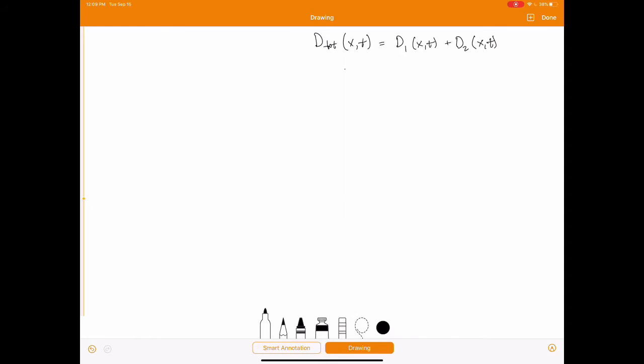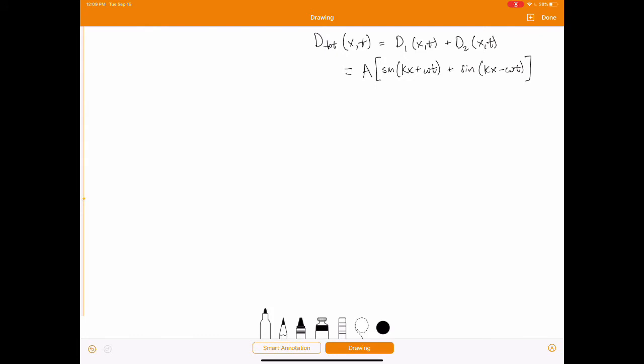So both of these functions have the same constant A, amplitude out front. So I'll pull that out. And then the first function is sine of kx plus omega t, and then we have sine of kx minus omega t. So that's what we have to add together.